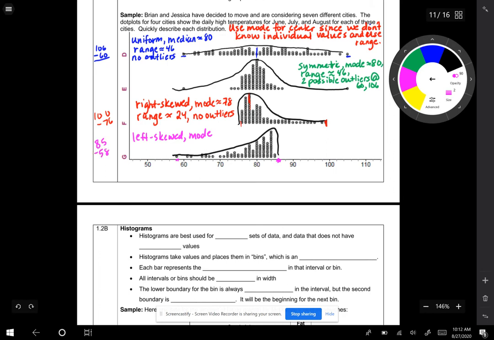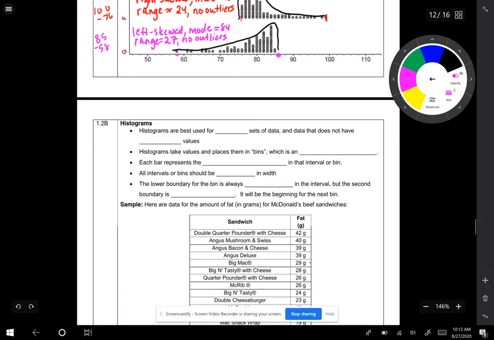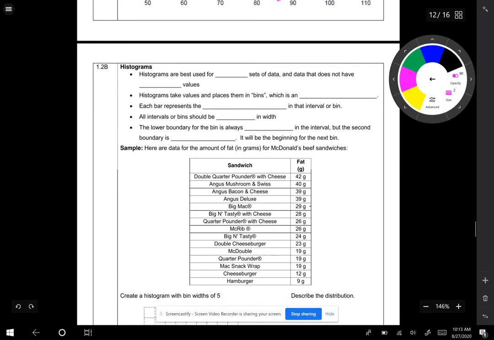Or, I'm sorry, the mode is the peak, so it'd be 84. The range is 27. And there are no outliers. No possible outliers anyway. Okay, so there are the distributions. I did it pretty quickly. Hopefully that makes sense. You'll be able to do that on your homework.